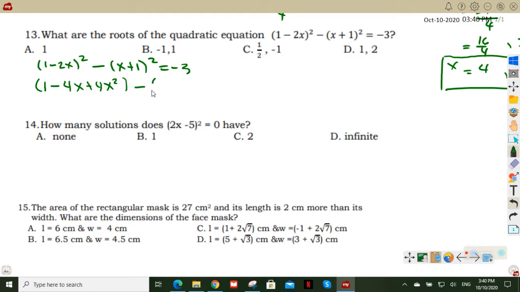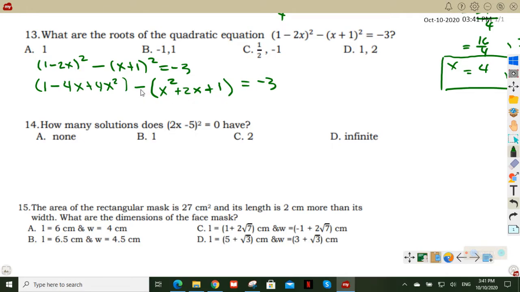Okay, minus this is x squared. Okay, that would be 2x plus 1 is equal to negative 3. Right there. So this minus is applicable not only for the x, but for the entire element inside the parentheses, because these are good as one.